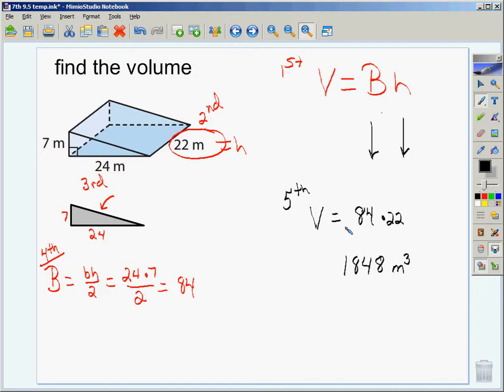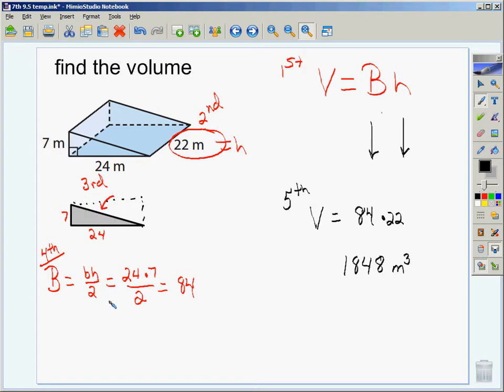24 times 7 was 168, divided by 2, 84. Why did we divide by 2? Because it's a triangle, not a rectangle, right? If it was a rectangle, the whole piece would be there, but it's a triangle, and so really, a triangle like this, how much of the rectangle is there?